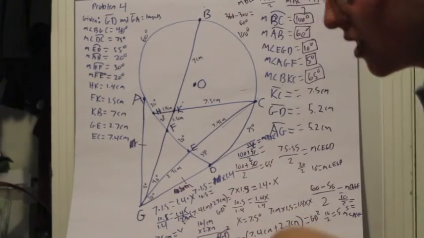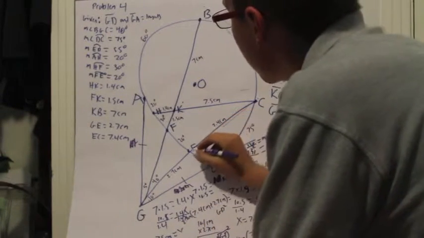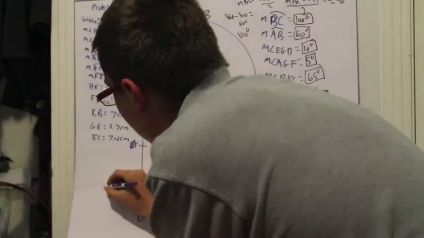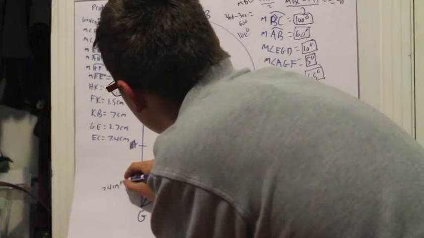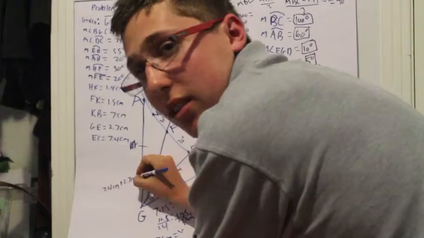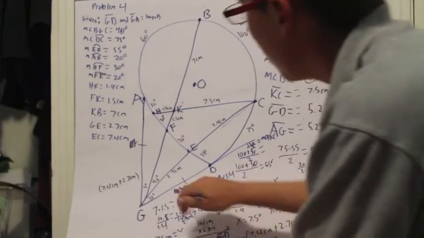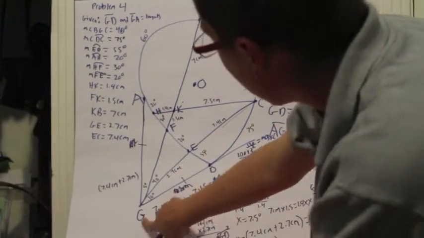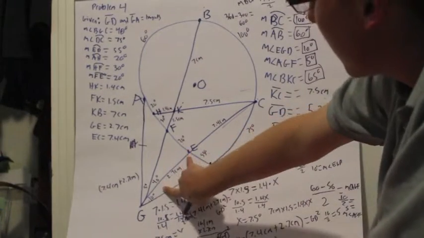So according to this theorem, we should take EC, which is 7.4 centimeters, and add it to GE, which is 2.7 centimeters. And we take that segment, which added together is segment CG, and we multiply this by the smaller part of the segment, which is EG, or 2.7.